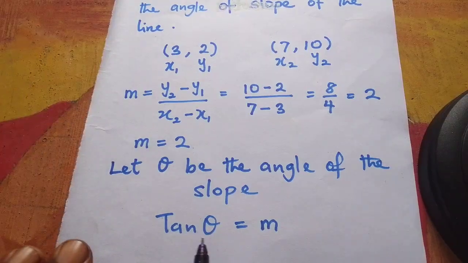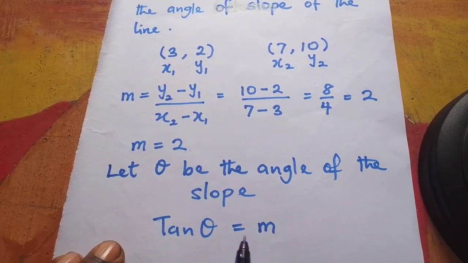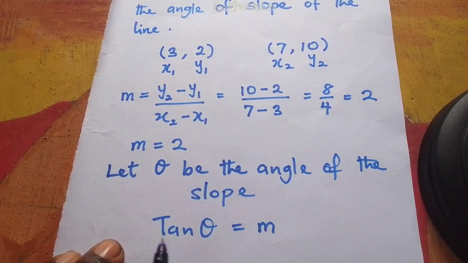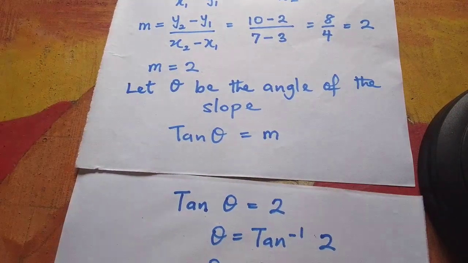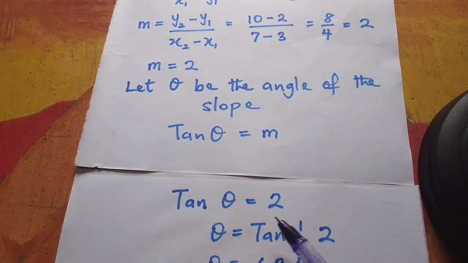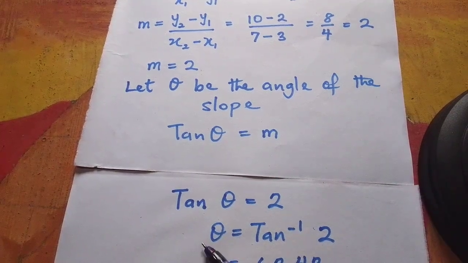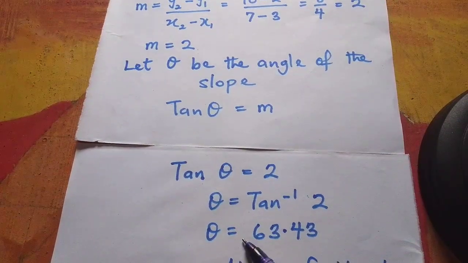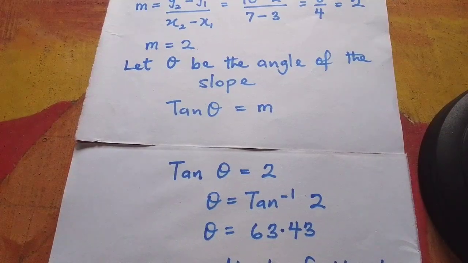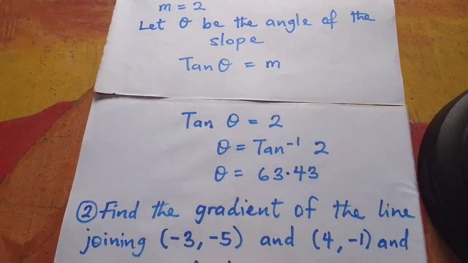You know that tan theta should be equal to the slope, and you have calculated the slope to be 2. So tan theta is equal to 2. Your theta will now be the arctan of 2, which will give you 63.43 degrees. Let's do another example.